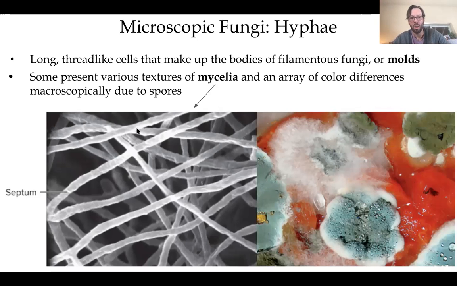All of these different finger-like projections or threads are the mycelia. And when you zoom out, what that looks like is these fluffy, cottony, cobwebby structures in the mold from a macroscopic view.